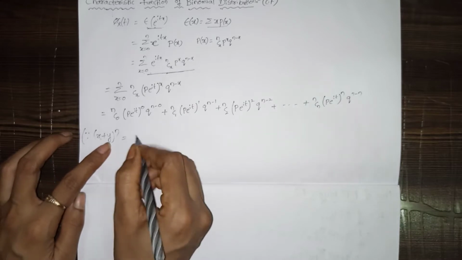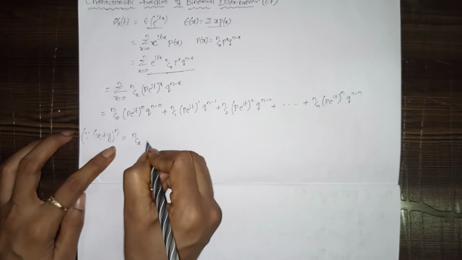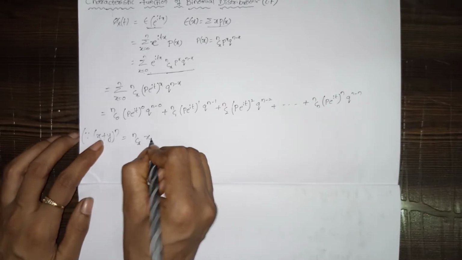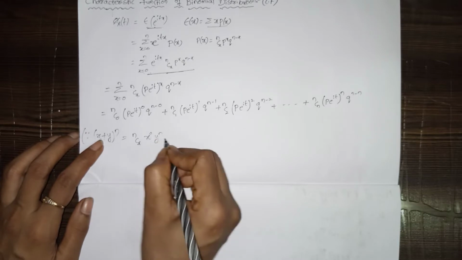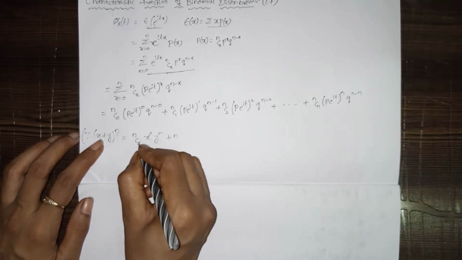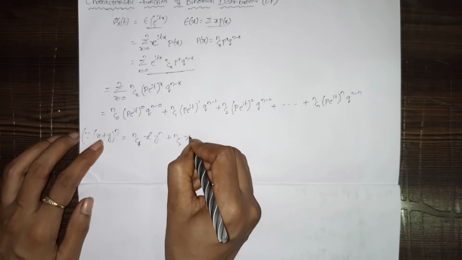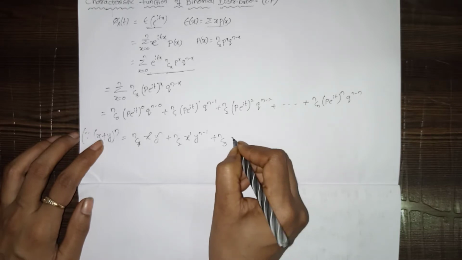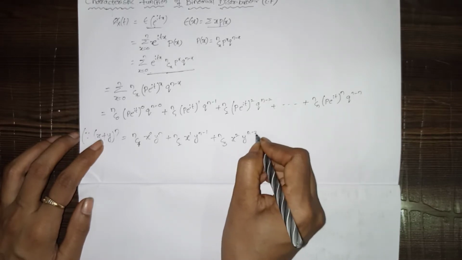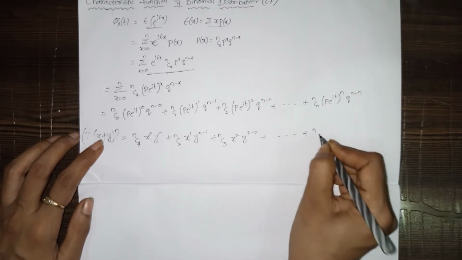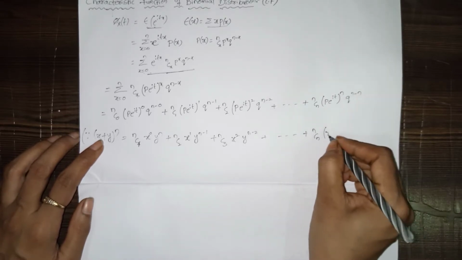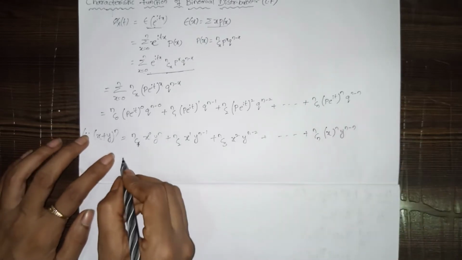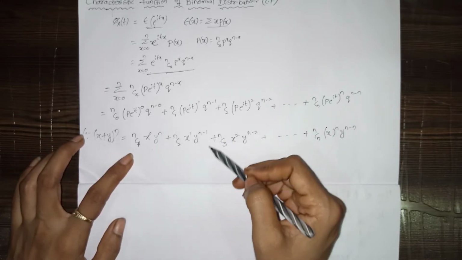We will see once: the expansion is nc0 x to the power of 0 and y power n, plus nc1 x power 1 into y power n minus 1, plus nc2 x square into y power n minus 2, plus and so on, plus ncn x to the power of n into y to the power of n minus n, nothing but 0.